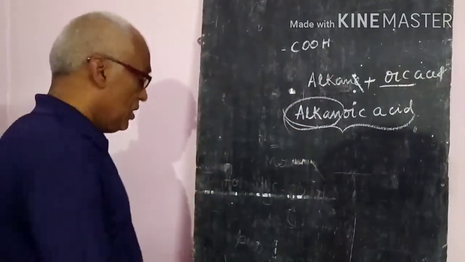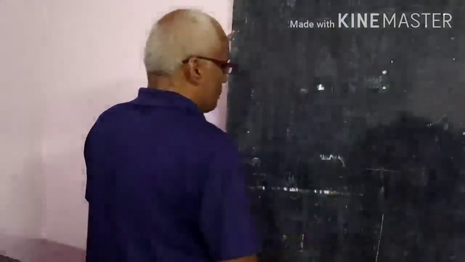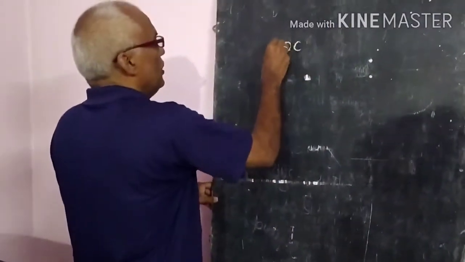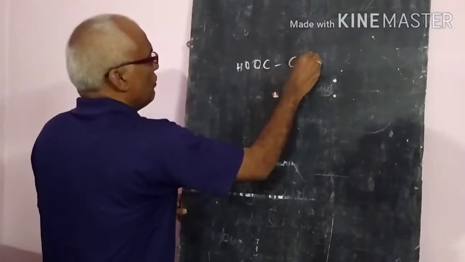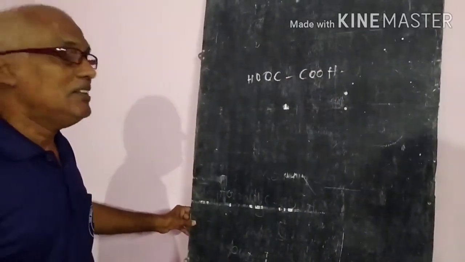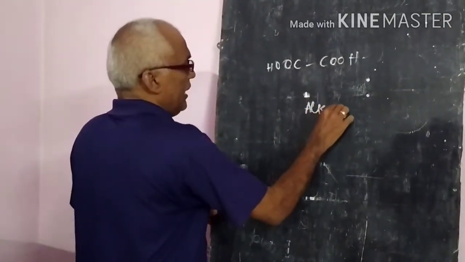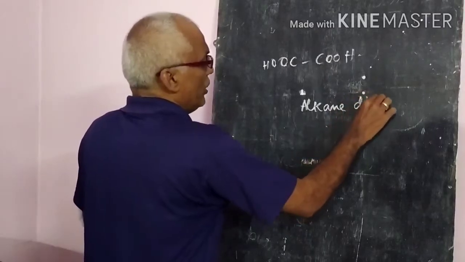But sometimes we may get two carboxyl groups present. Example, COOH and COOH, two acid groups are there. Then we give the name of the alkane and dioic acid.